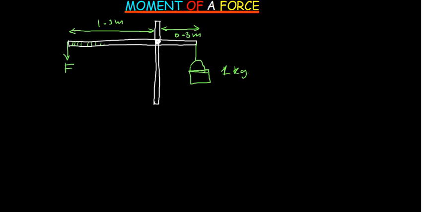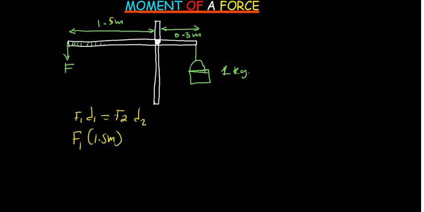To be able to find that force, we use the same formula. F1 D1 should be equal to F2 D2. F1 is the force that we have here. Clockwise moment should be equal to anti-clockwise moment. D1 is the distance, that's 1.5. This is in meters.